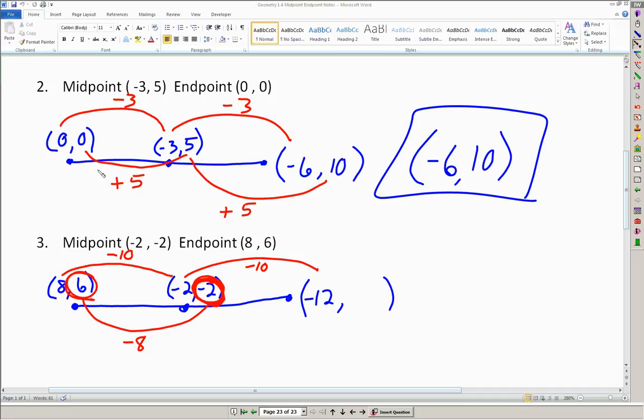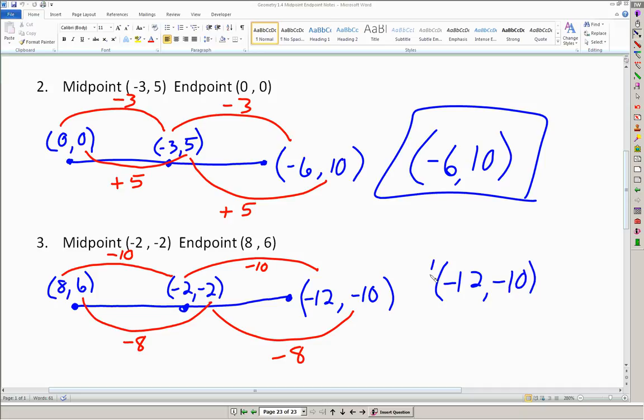Negative 2 minus 6 is negative 8. We're subtracting 8. Subtract 8 more. Negative 2 minus 8 is negative 10. So negative 12, negative 10 is our other endpoint. And if you do the midpoint formula with that answer and that endpoint, you'll get this midpoint.